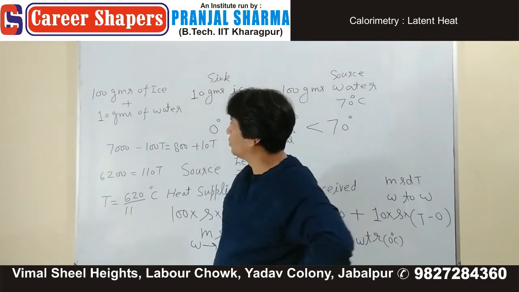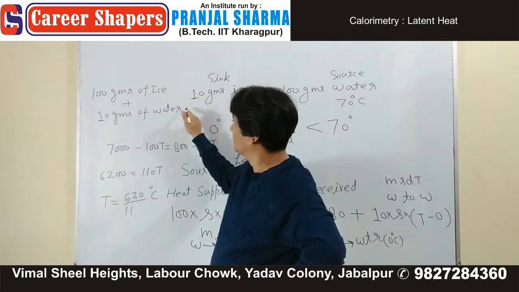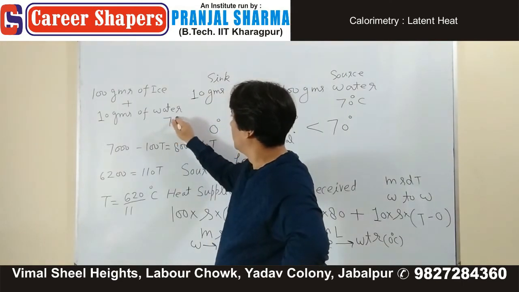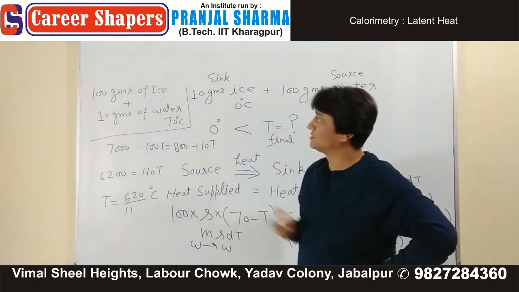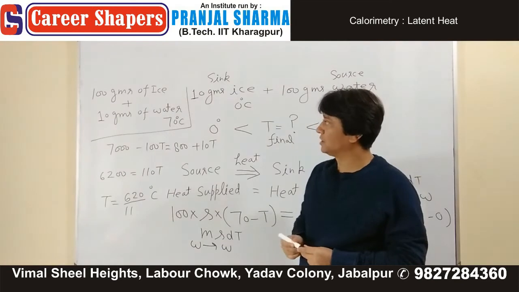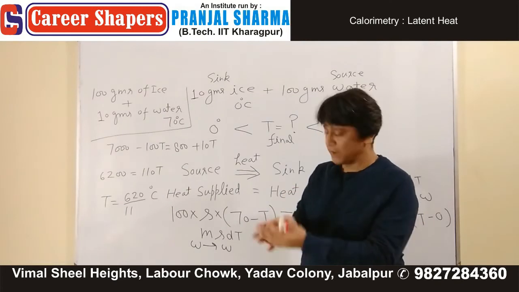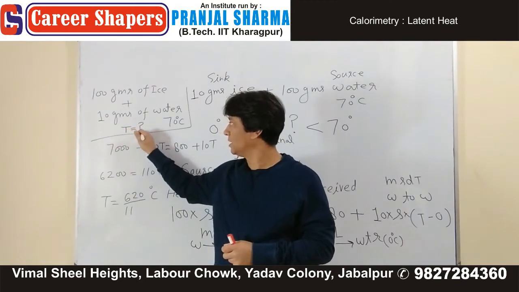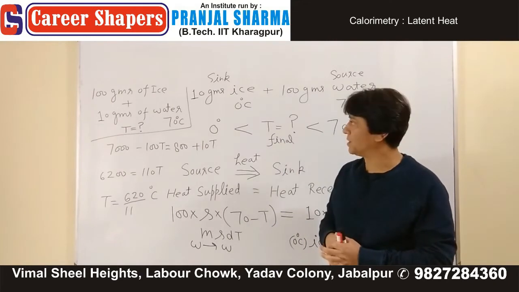And this 10 grams of water is at a temperature of, let's take 70 degrees. This is the second question. 100 grams of ice is mixed with 10 grams of water at a temperature of 70 degrees Celsius. So find out the final temperature, or the temperature when the system is in equilibrium.